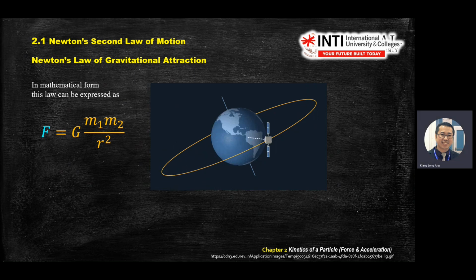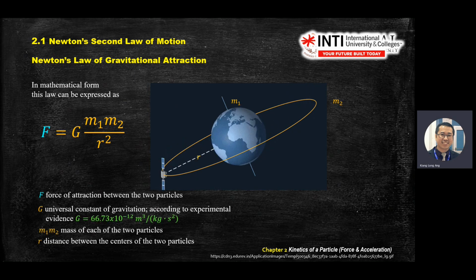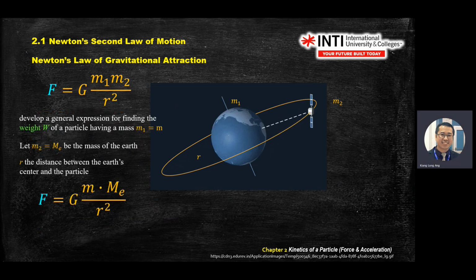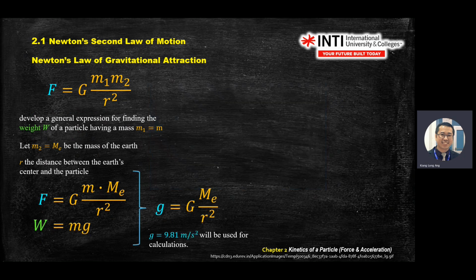So you use this equation F equal to G M1 M2 divided by R squared. G is a universal constant, 6.6-something. R is the distance between these two, right? So this is just an introduction for you. I'll speak briefly. If you're interested, you can go and read the slides.